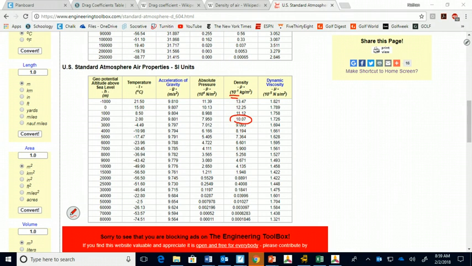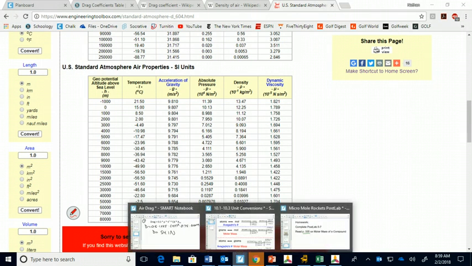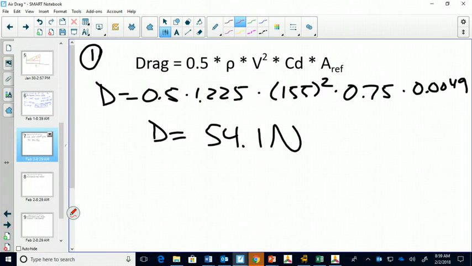Why they don't just make it that number, I don't know, but there must be some standard reason why they do that. That symbol right here is that rho. Okay, so that's what I would use there. Velocity we gave you, right, in the problem. Our drag coefficient's the same, and the area of reference is the same. And I plug in my numbers.